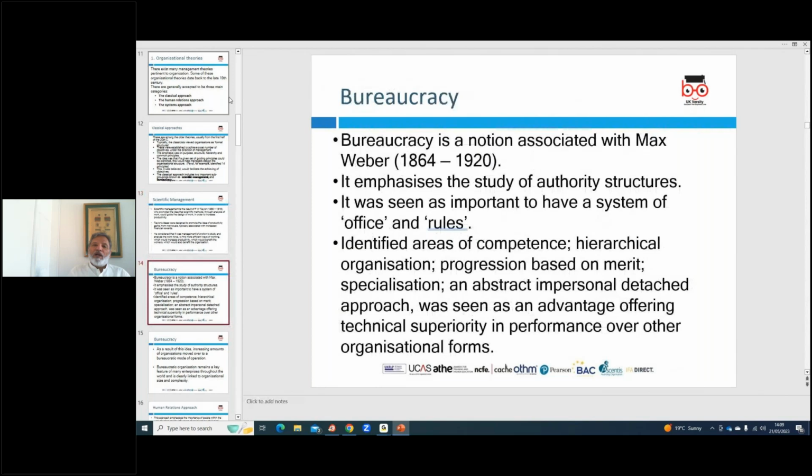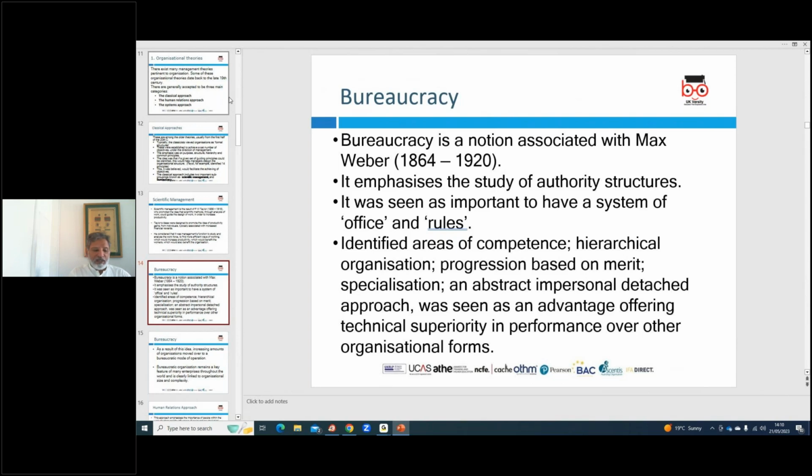Later on, this theory was improved by a person called Max Weber, and he looked at the theory according to bureaucracy or bureaucratic control, whereas he said there are some competencies, some areas in an organization which are divided into a hierarchical organization, and based on these tasks, based on this specialization, he divided people, and he divided the tasks, and therefore he devised the system of office and rules.